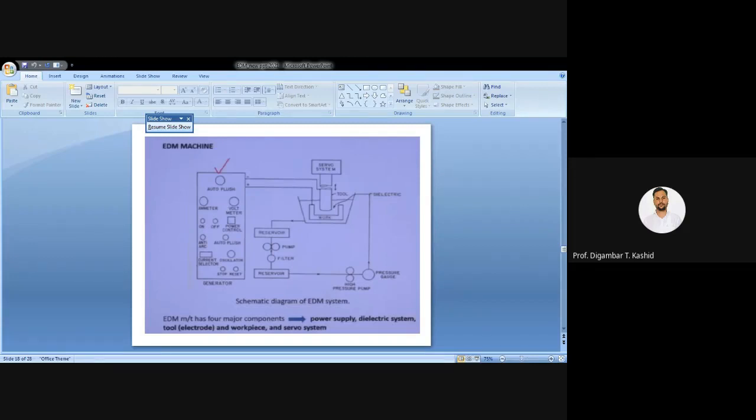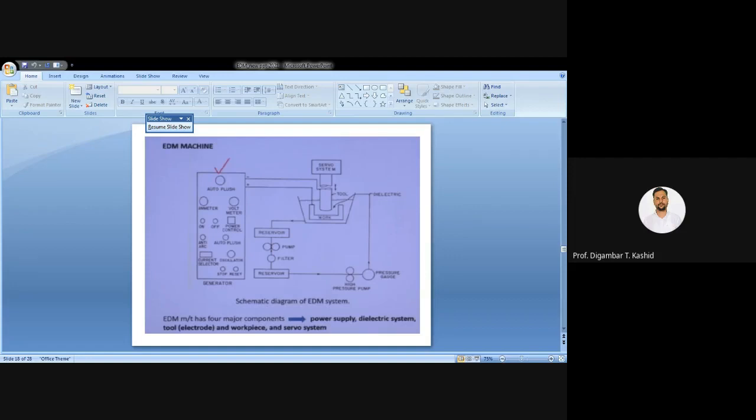Another is that you can supply or flush the dielectric fluid through your workpiece. You can see the arrow, and it goes down and outside like this. This is the fourth.